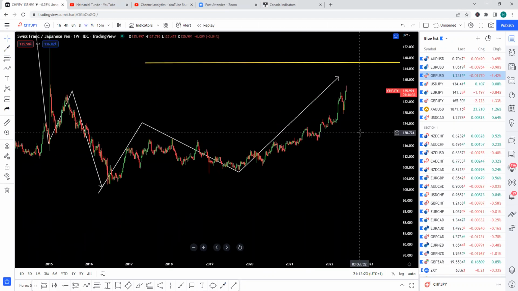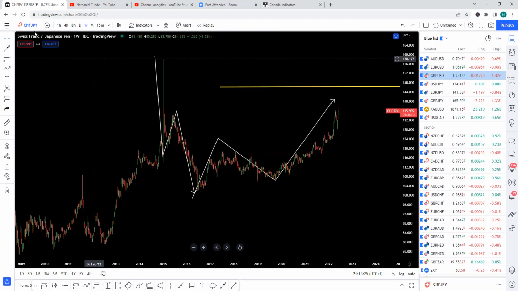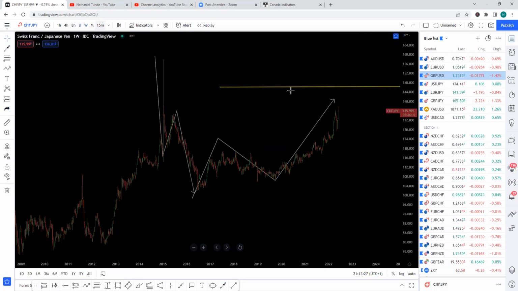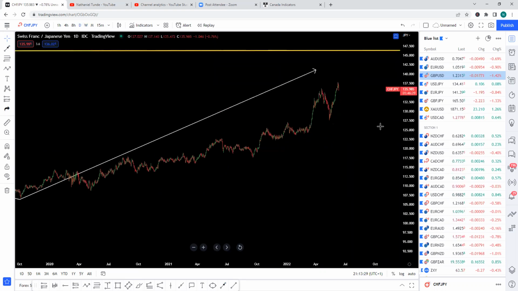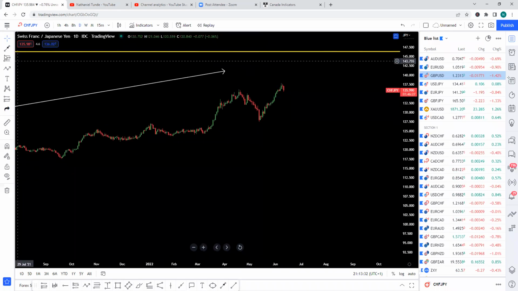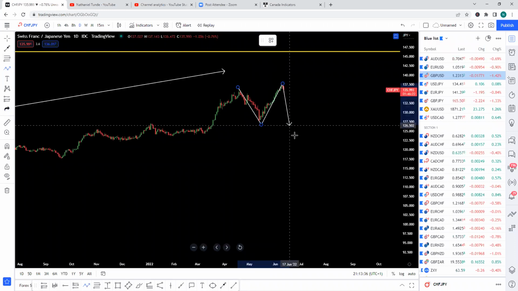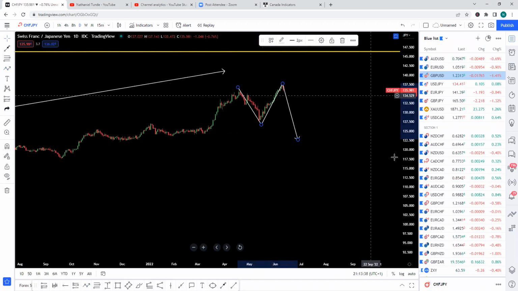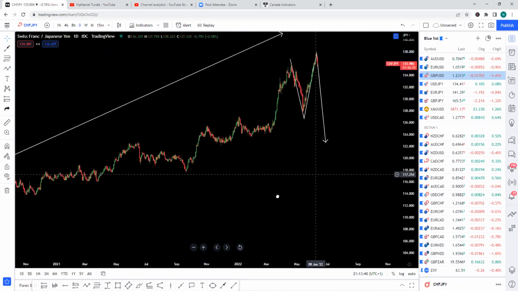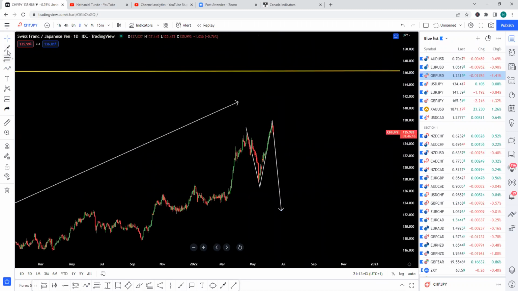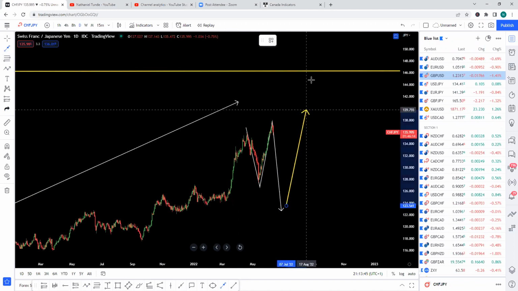There's so much that you can't do anything about it right now, except if it's a structure like this. If it comes like this, I still take this move to the upside.